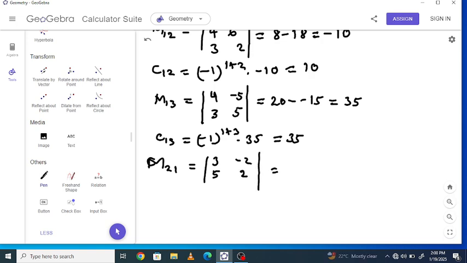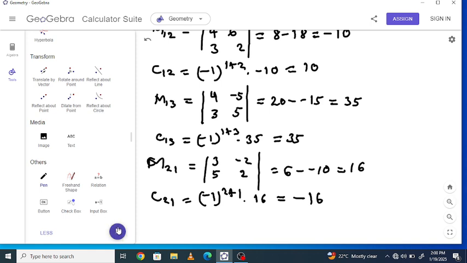We are going to have 6 minus 10, and this gives us 16. Our cofactor for C21 will be negative 1 raised to power 2 plus 1 times 16. It's an odd value, so we will have negative 1 times 16, which gives us negative 16.